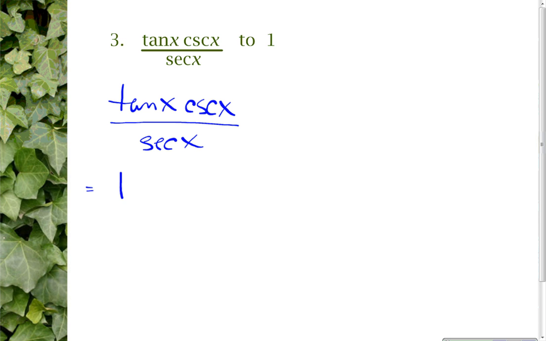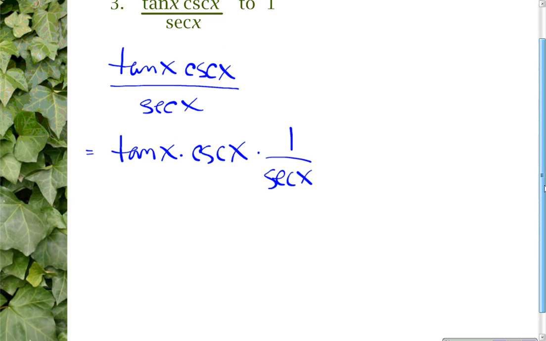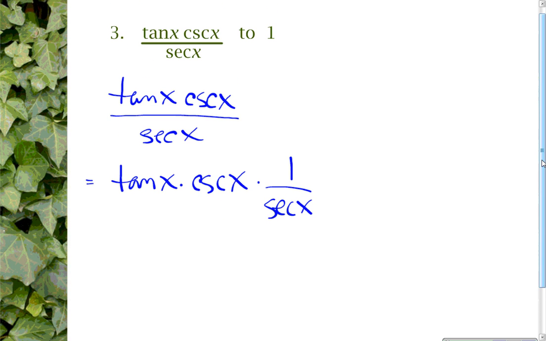So I'm going to write this as tangent of x times cosecant of x times 1 over secant of x. So that's just simply rewriting it. And one of the rules that you're going to learn is that when in doubt, if you get stuck, change everything into sine and cosine.